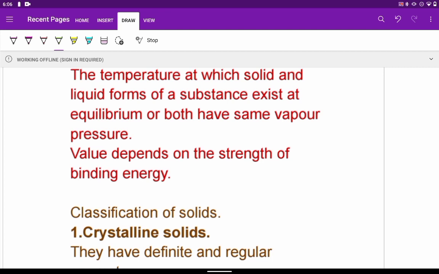So if the binding energy is very high, more energy has to be provided so that they can just break away that binding energy and they move away from their destined fixed positions in space. There are some solids which I'll explain afterwards, which are called as amorphous solids. In them, the melting point is not sharp. They don't have a sharp melting point.